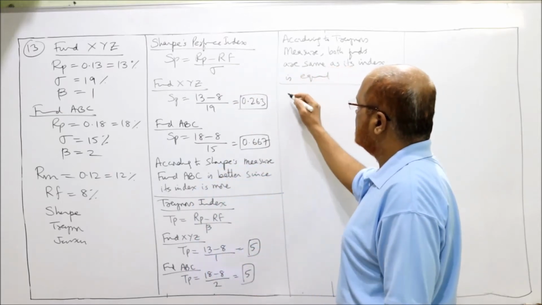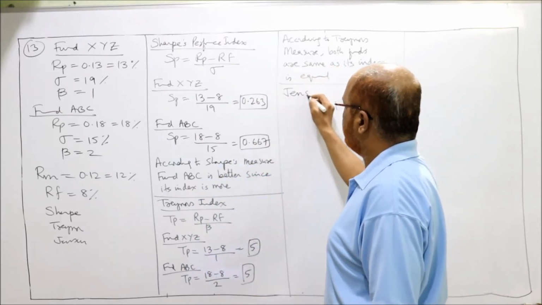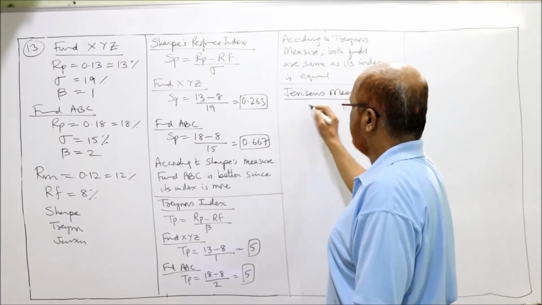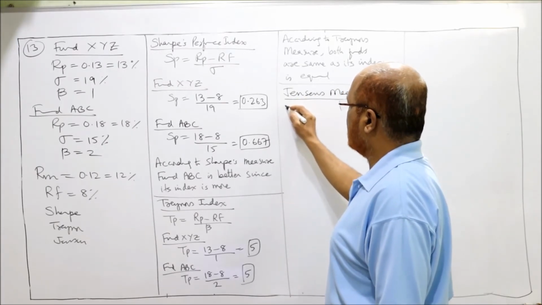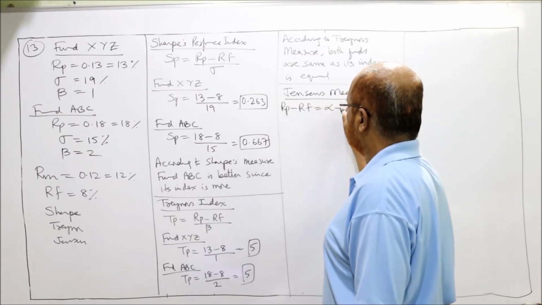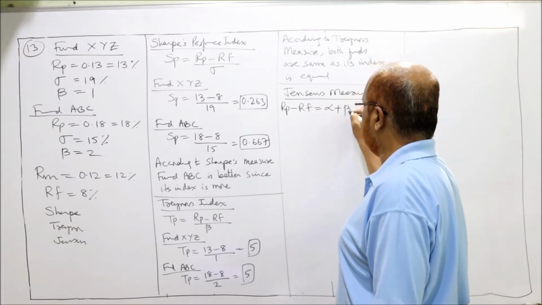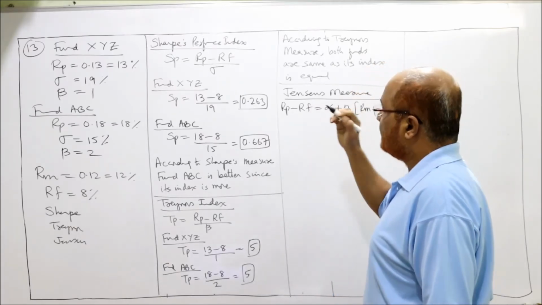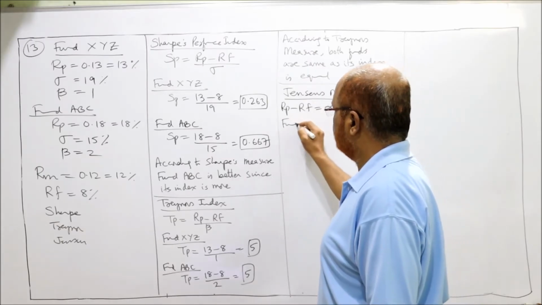Next, third one is Jensen's measure. In Jensen's measure, we write the formula RP minus RF is equal to alpha plus beta into RM minus RF. Right, first we take fund XYZ.